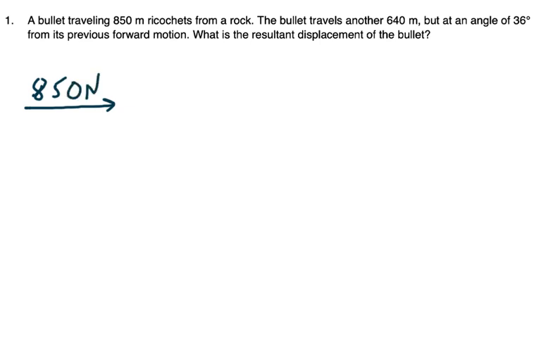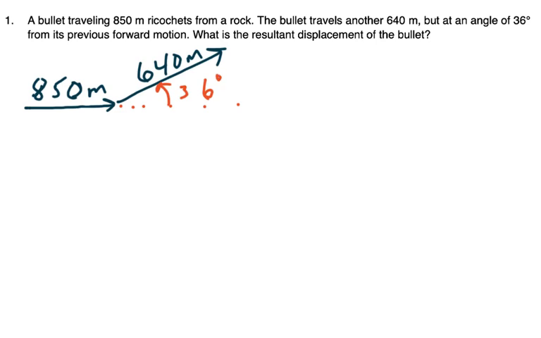Not meters. Newtons, meters. I've been doing a bunch of force problems. It hits a rock and ricochets, goes off at an angle for another 640 meters. And the angle is 36 degrees.